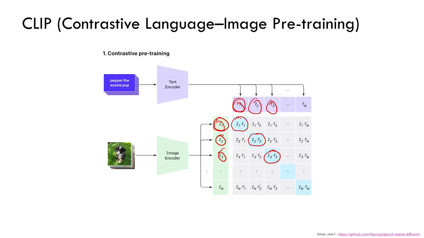In this way, the model learned how to combine the description of an image with the image itself. And what we do in Stable Diffusion is that we take this text encoder here, so only this part of this CLIP, to encode our prompt to get some embeddings, and these embeddings are then used as conditioning signal for our UNet to denoise the image into what we want.